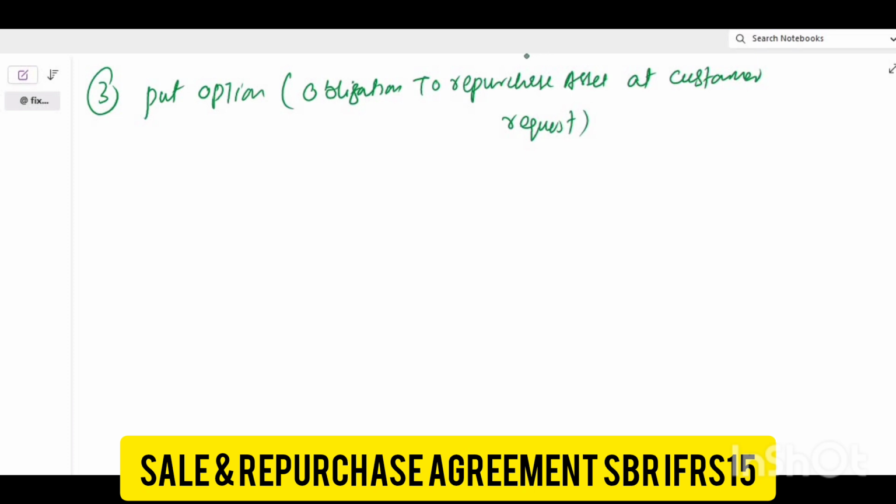This is the repurchase agreement type where, if you have a put option, the customer can force the seller to repurchase the asset. Then in that case, accounting treatment.